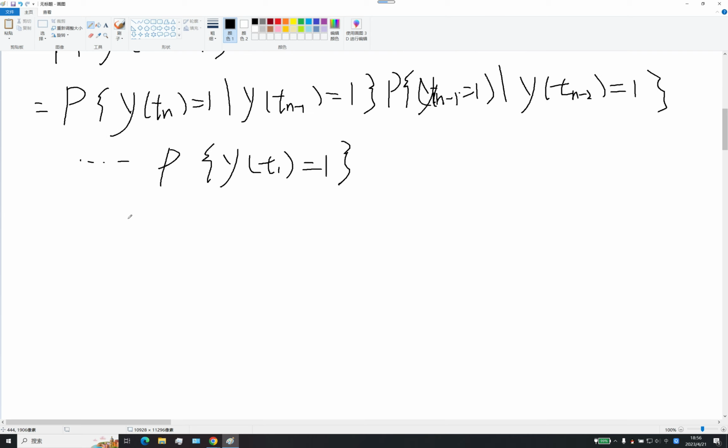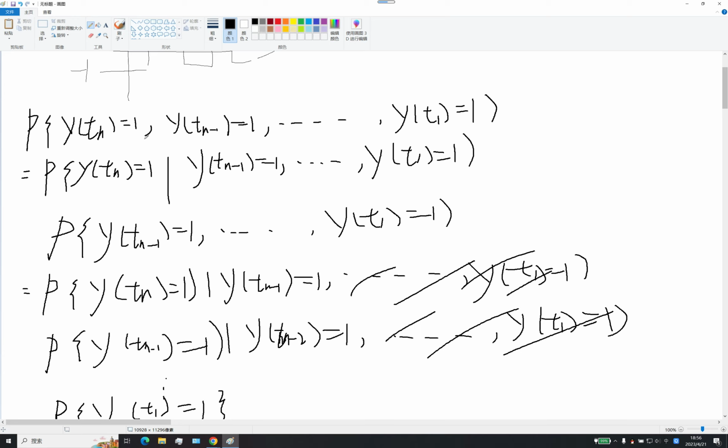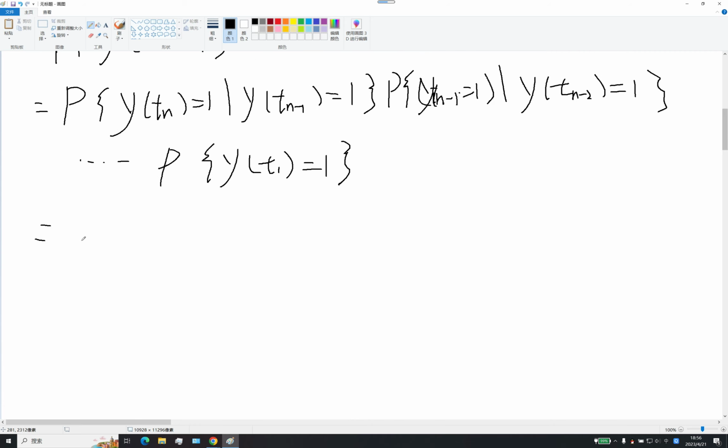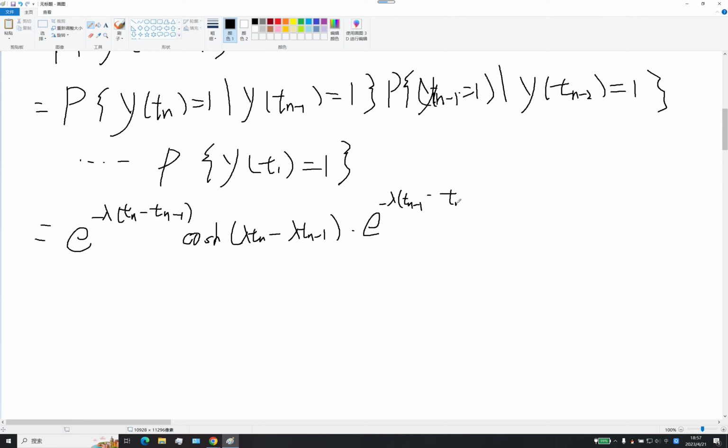Now we know that this part, P(y(tn) = 1 | y(tn-1) = 1), and so on, can be turned into this form: e to the minus lambda (tn - tn-1), multiplied by cosh(lambda tn - lambda tn-1). The next part has the same form: e to the minus lambda (tn-1 - tn-2), and cosh(lambda tn-1 - lambda tn-2), and so on.